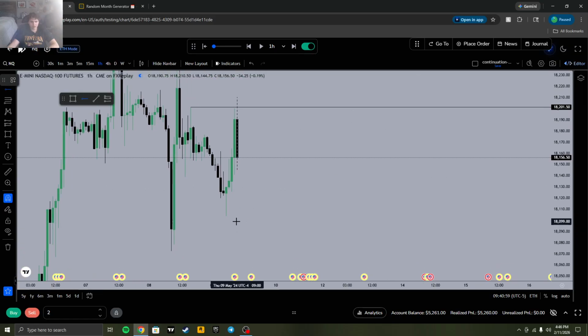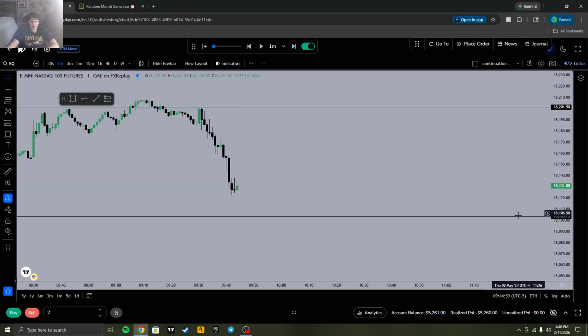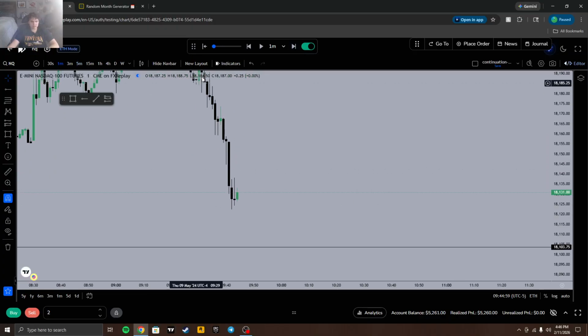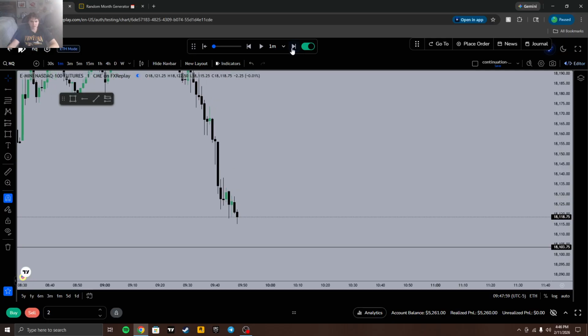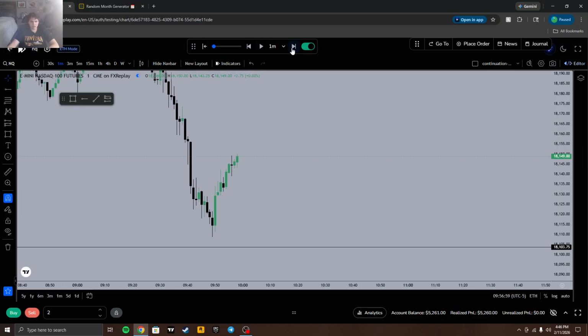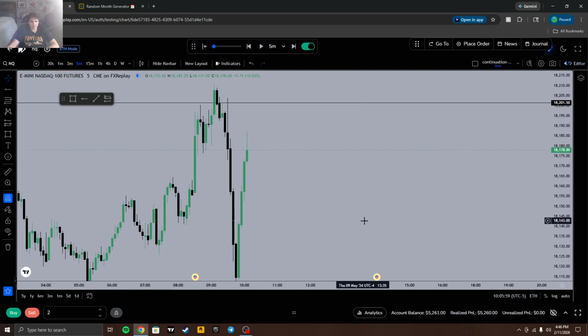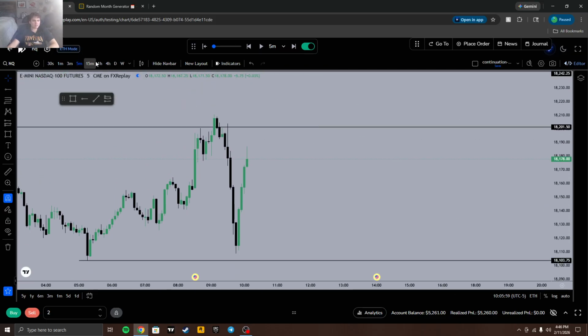But if we can get a kind of confirmation maybe towards this draw on liquidity, I can see us taking, if we can get a retrace. Okay, so not messing with that retrace.